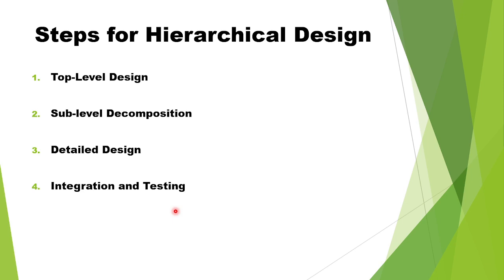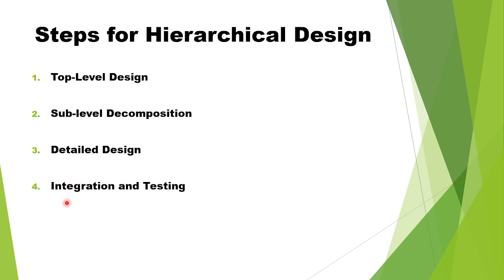So, next we see the steps for hierarchical design. These steps are top level design, sub level decomposition. It means first we design the top level and then divide that top level into smaller chunks, and then we give them detailed design, which is our third step.